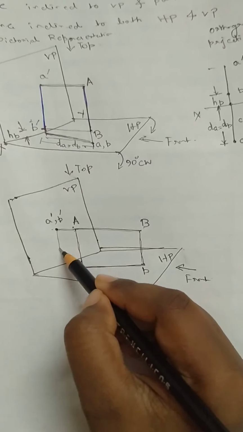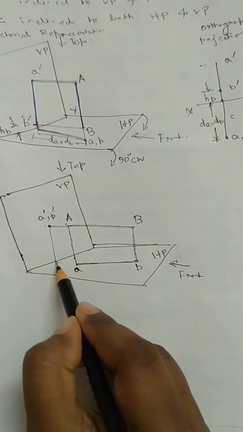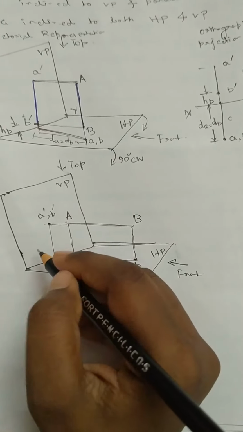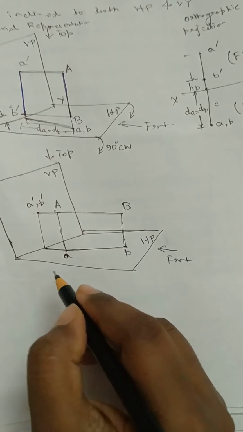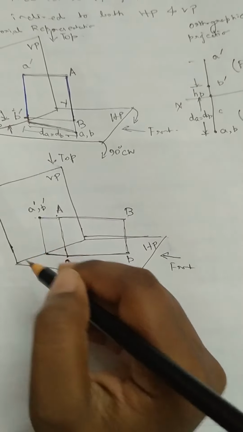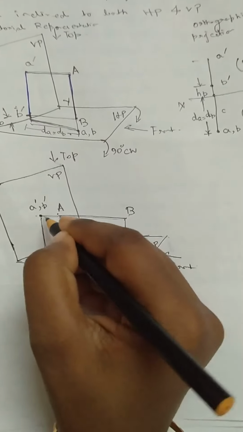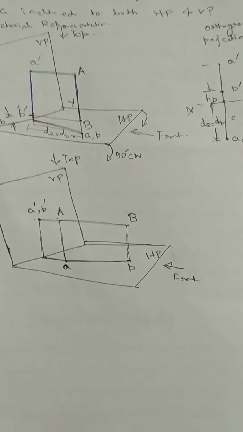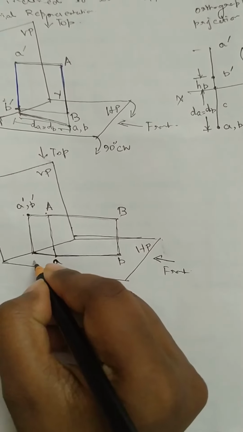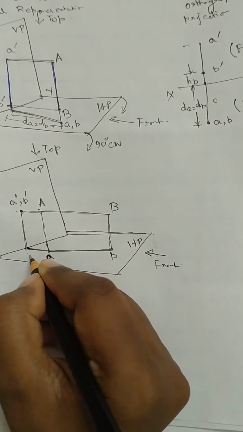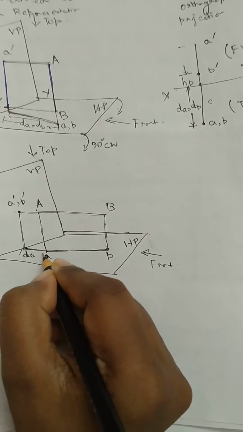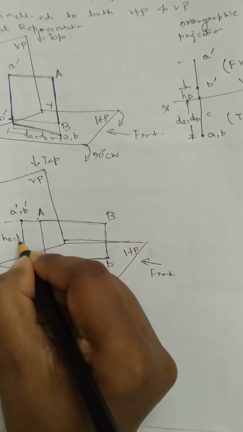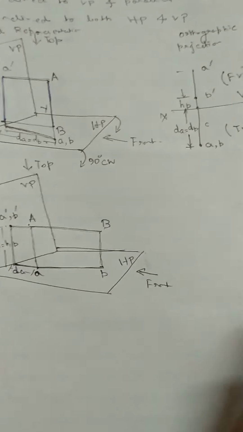Now we are going to join the projection line to get our length situated on this point. This will be your DA length, and for this case this will be your HA equal to HB length.